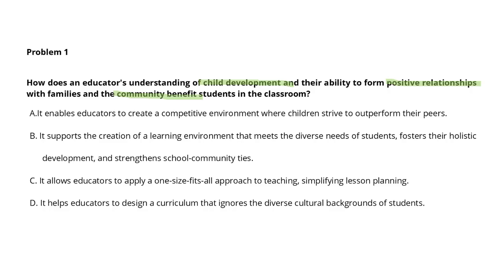Positive relationships with families and the community extend learning opportunities beyond the classroom, and they ensure a supportive network for children. These connections also enrich the educational experience by incorporating diverse perspectives and resources, making the learning environment more inclusive and responsive to the needs of the students. Therefore, this is probably going to be the correct answer.